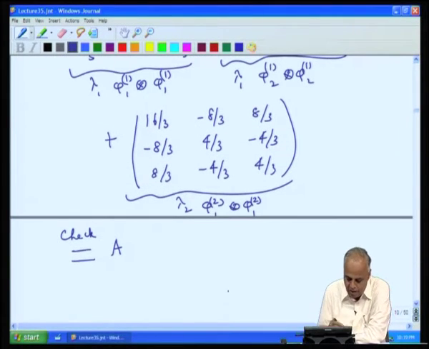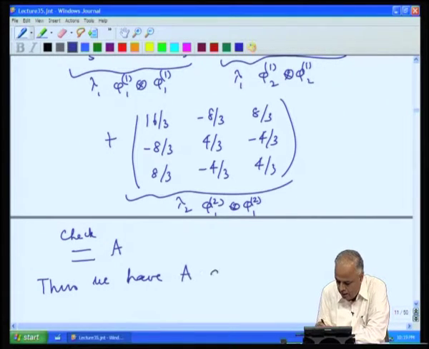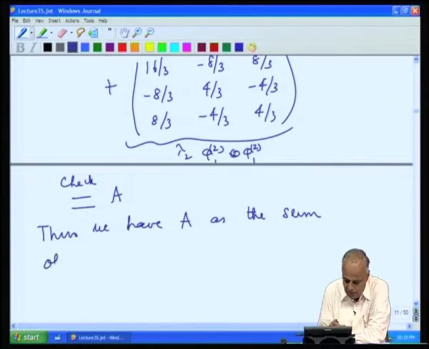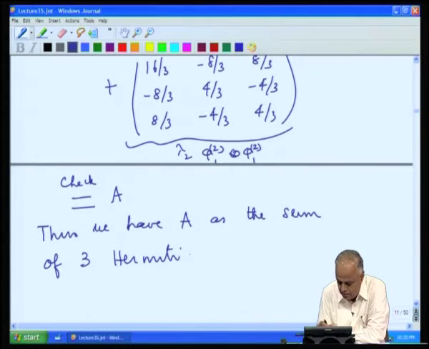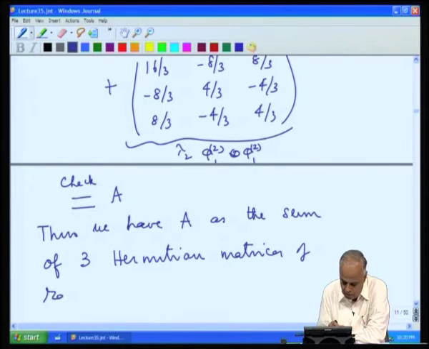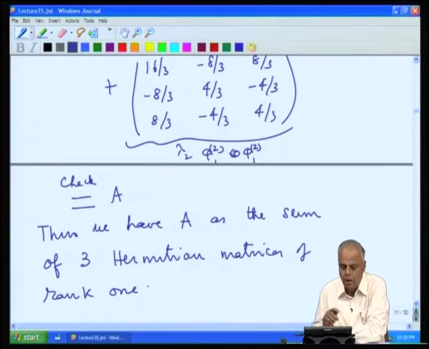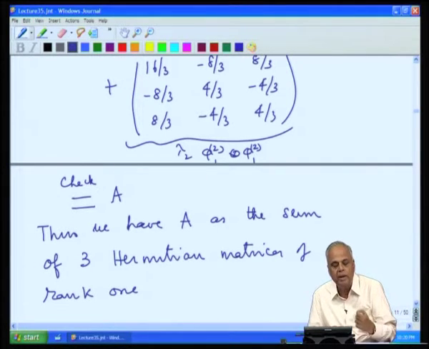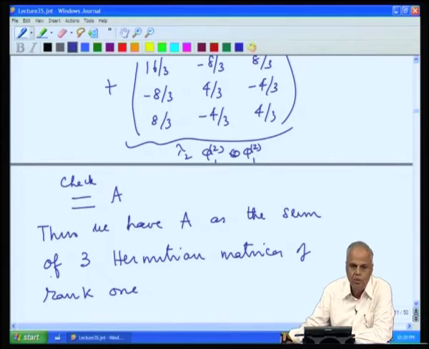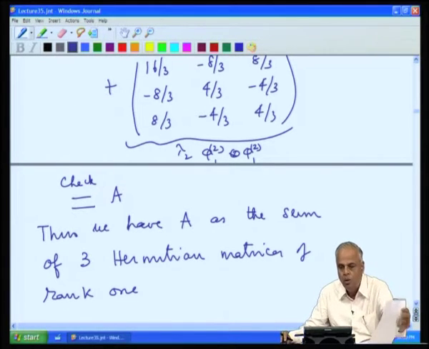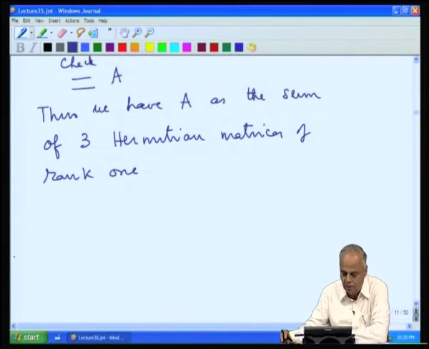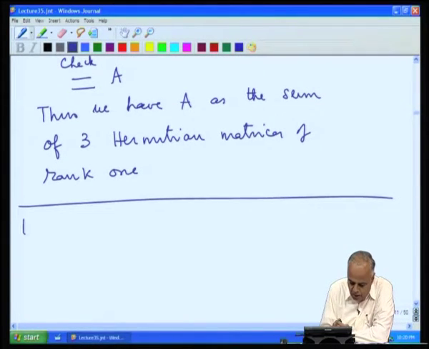So, thus we have A as the sum of 3 Hermitian matrices of rank 1. Now, we have 3 of them, because the rank of the matrix was 3. So, whenever you have rank rho, you will have rho matrices, each of rank 1. Let us look at another example.